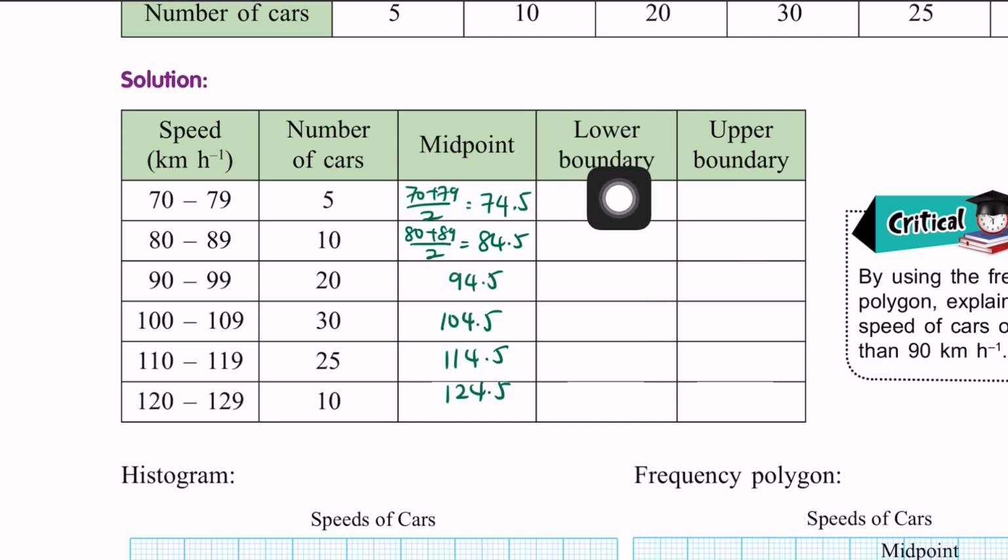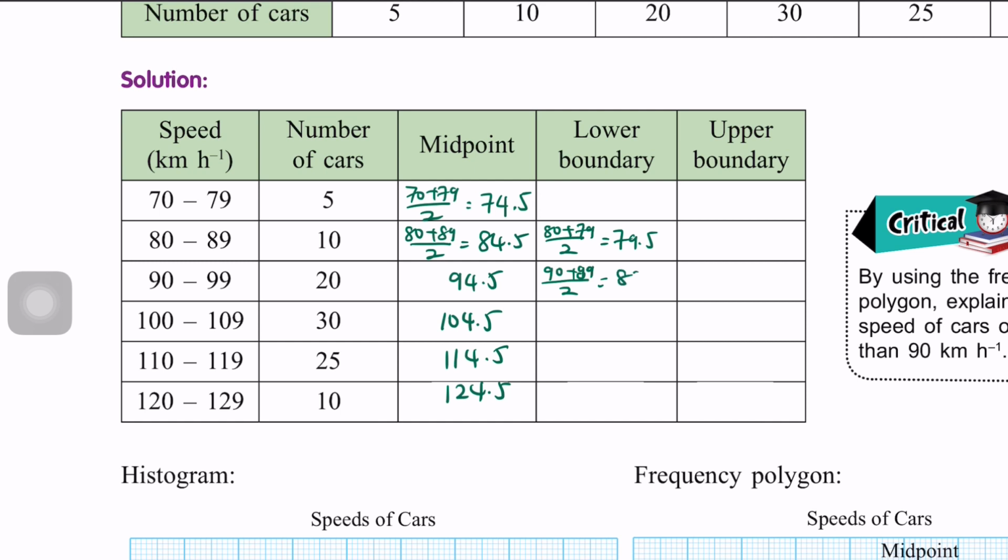Hati-hati lower boundaries, bukan lower limit, lower boundaries. So for lower boundaries biasanya kita mula daripada the second one ni, lebih mudah. So kita ada 80 plus previous dia 79 divide by 2. So awak akan dapat 79.5. Okay, the third one you have 90 plus 89 divide by 2.